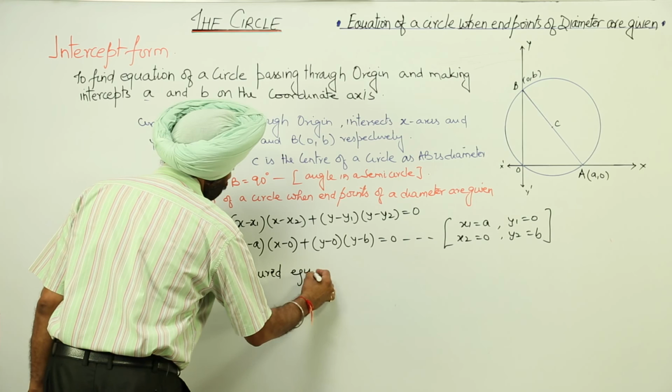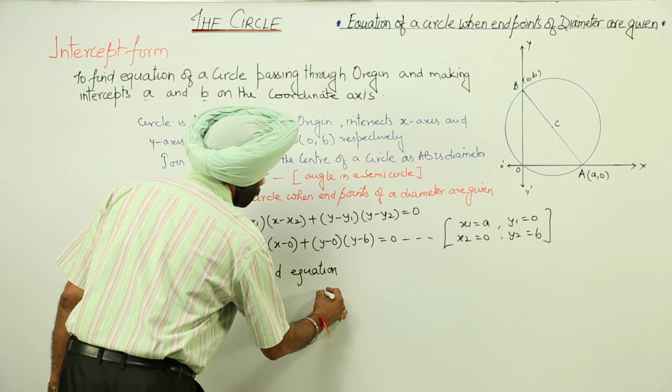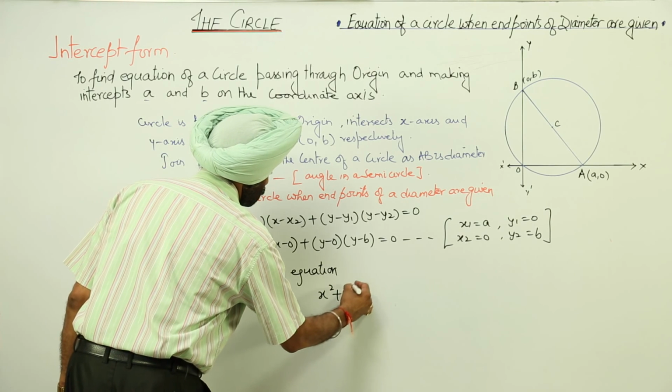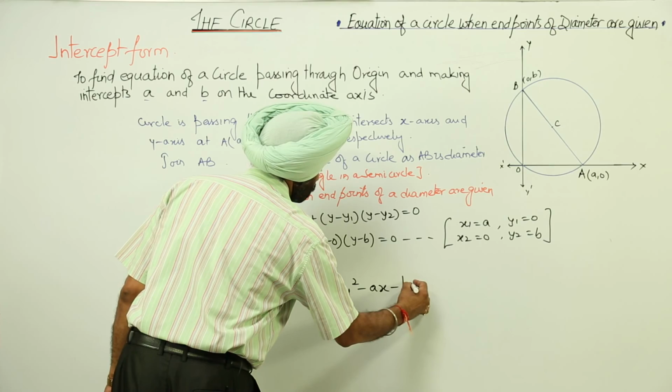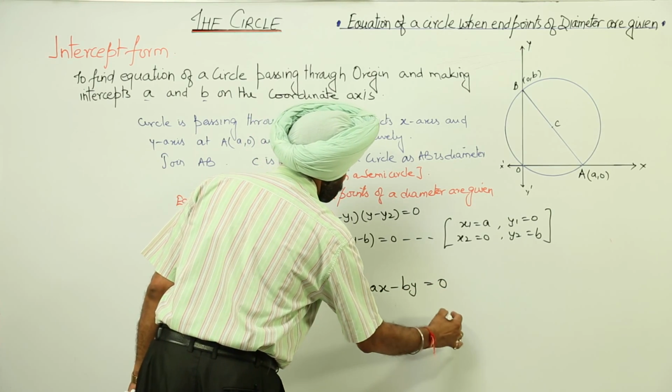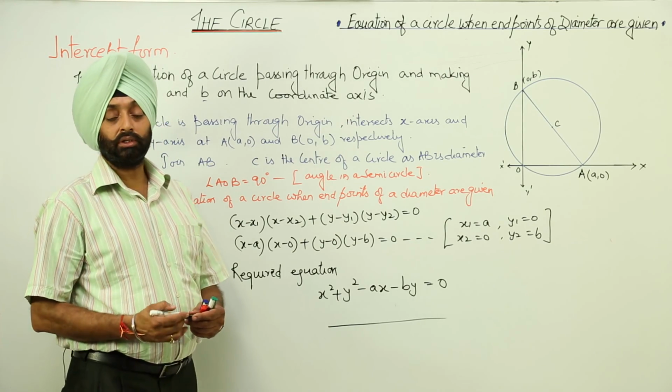Required equation. Now required equation is x square plus y square minus ax minus by is equal to 0. So this is the required equation in the intercept form.